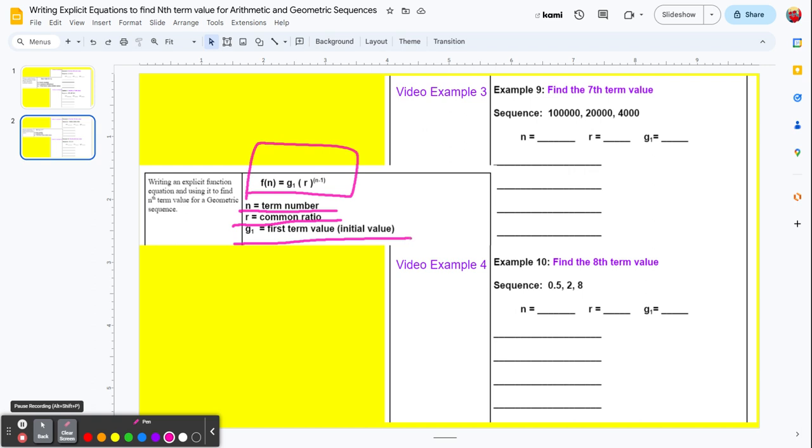All right. So let's go and do it. Our example here is find the 7th term value. So our g sub 1 is 100,000. That's our initial value. Our n in this example is 7. We're trying to find the 7th term value. And then our common ratio is 4,000 divided by 20,000.